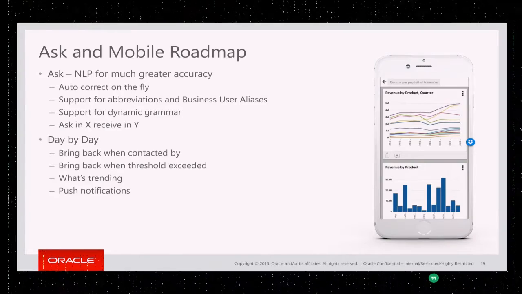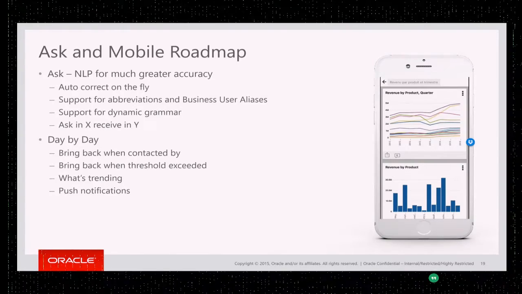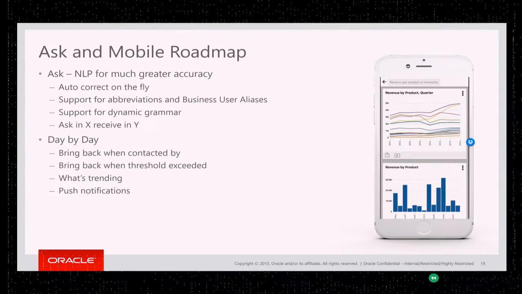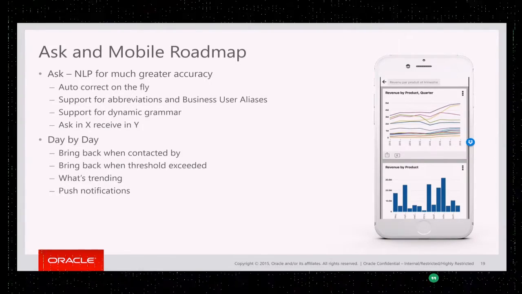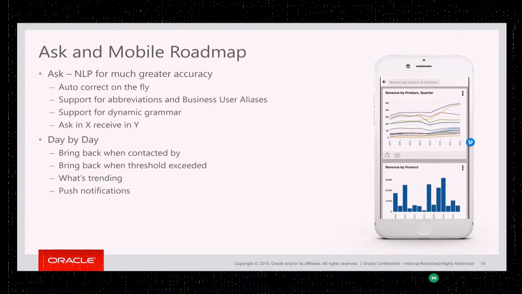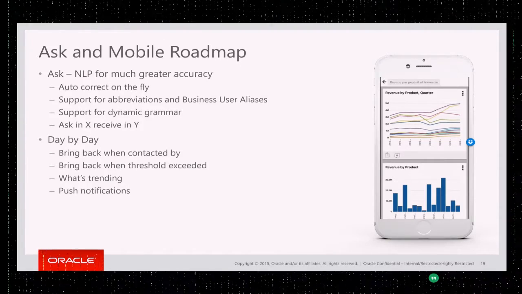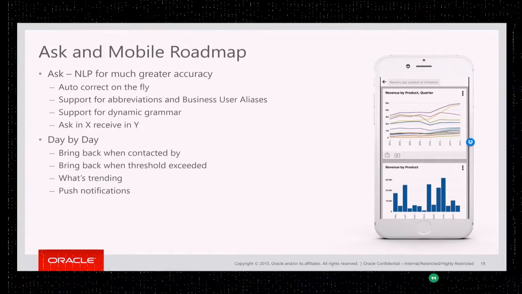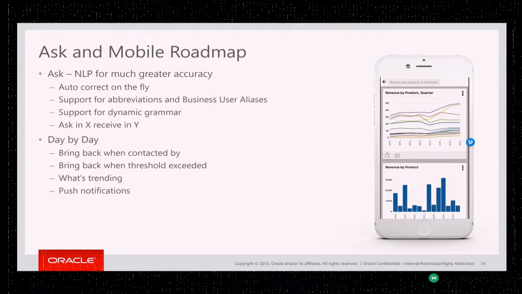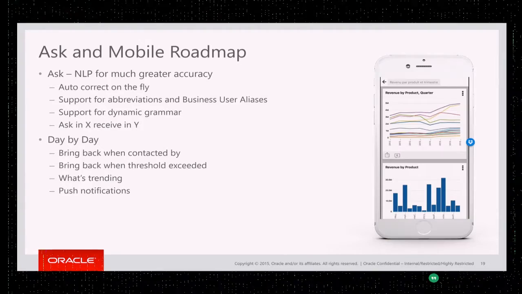So I'm looking at sales and I say, notify me if sales increase by 10% in my region, okay? Or I'll be able to use my finger and draw a line on a chart and say, alert me, notify me, or bring this back when sales cross this line, right? So it could be an explicit number or a percentage.